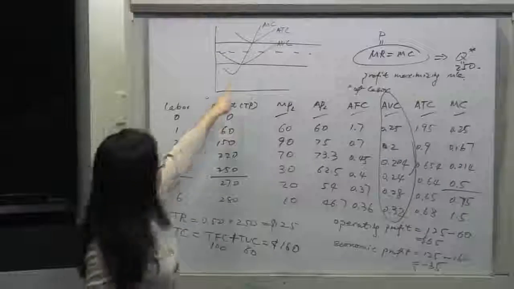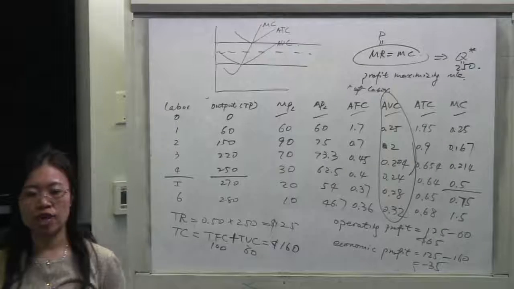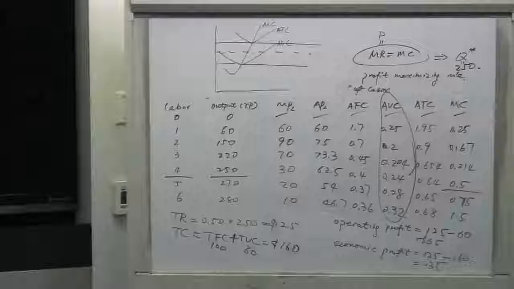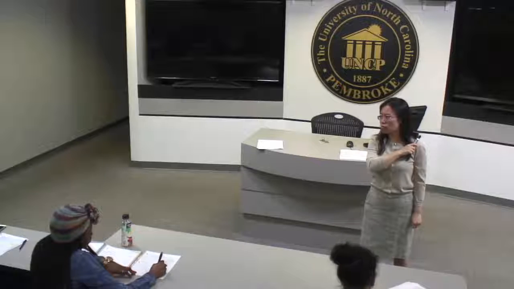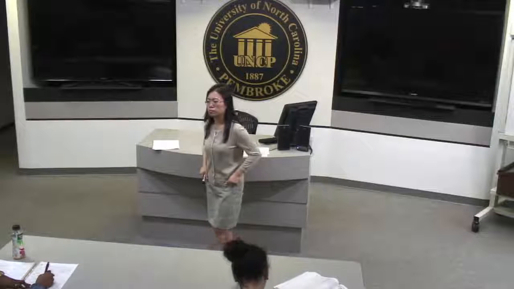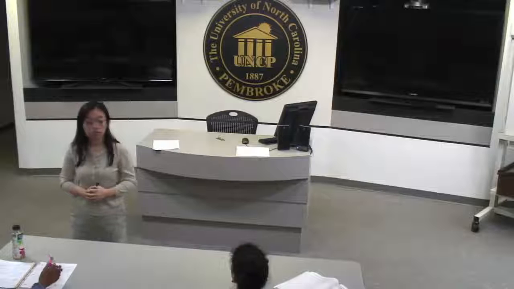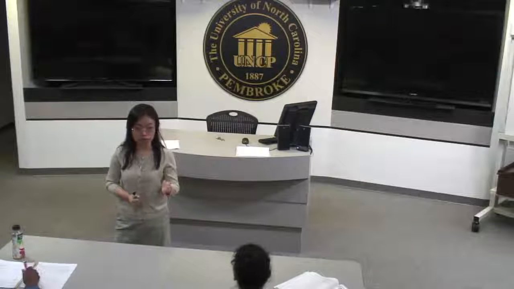It's located in this range here, because it's above AVC, but it's below ATC. Does it make sense? Are you comfortable with this question? You should get 100 points on this question in the exam.